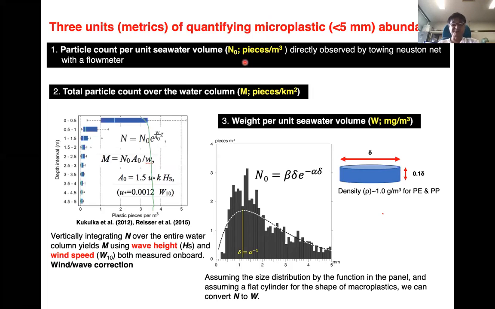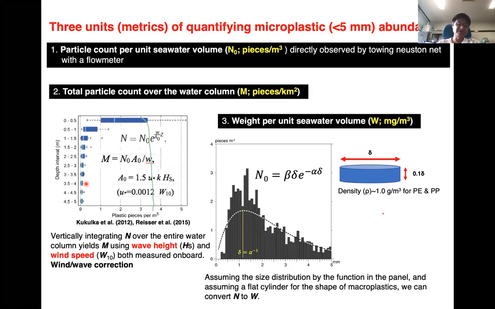So the microplastic abundance obtained by surface net towing is very sensitive to the ocean turbulence. So we have to remove the influence of the oceanic turbulence by using the formula like this.